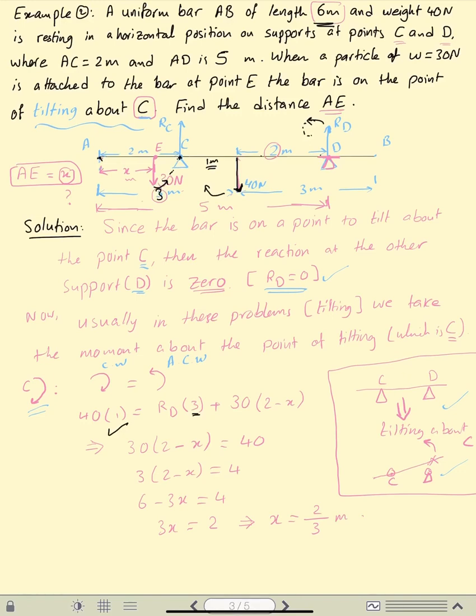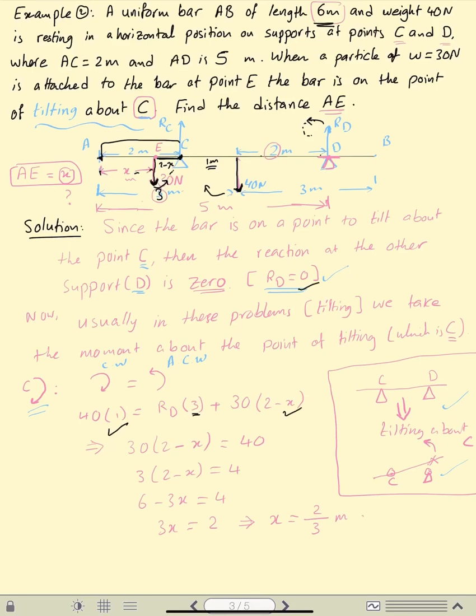So the distance between the 30, look, we call this X, yes? 2 minus X. Again, this is 30 is X. Now we are taking the moment of this force about this point, so we need this distance in black, which is 2 minus X. Easy? From here to here is 2, from here to here is X, so this is 2 minus X.